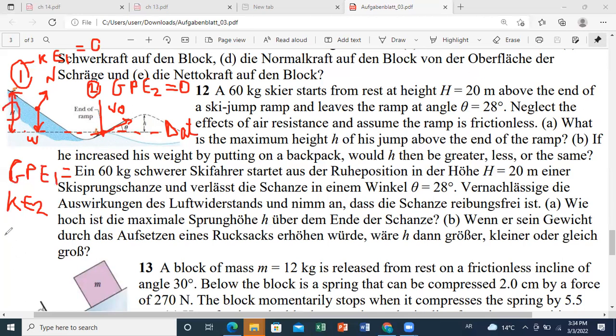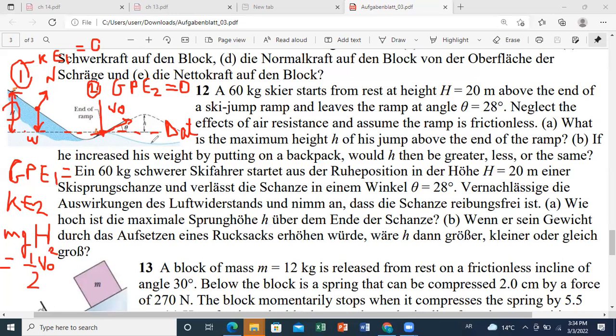So m times g times H is equal to half m v0 squared.